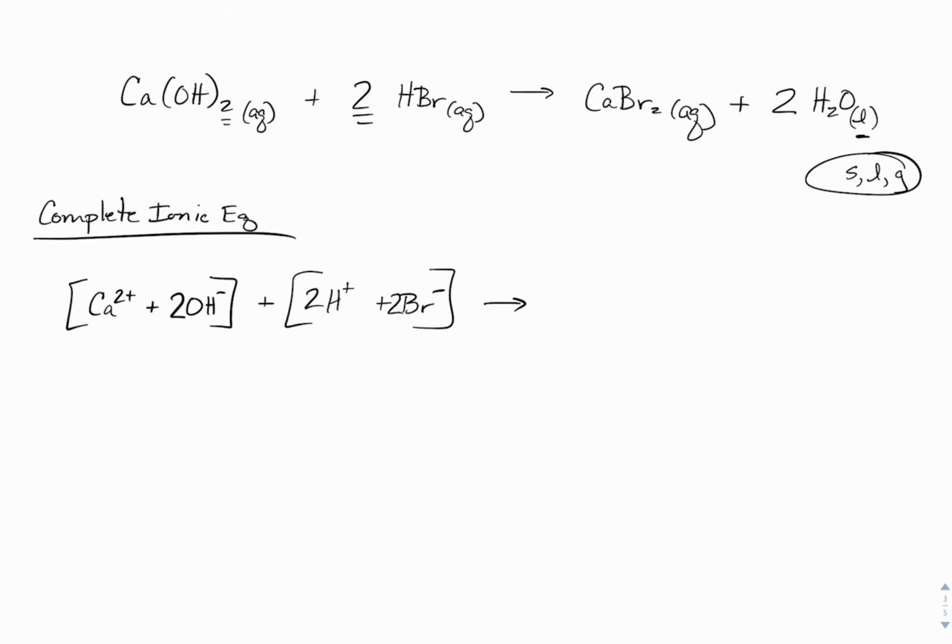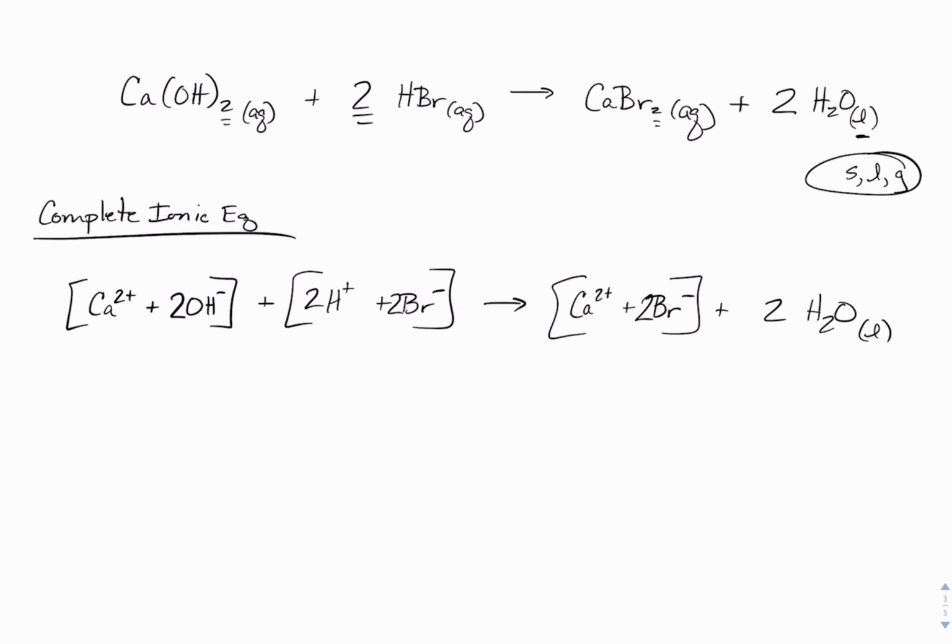In calcium bromide, we'll have a Ca2 plus and Br minus, and because of this 2 subscript, we'll say that there are 2 bromide ions, and we'll bracket, and we'll write our 2 H2Os still in molecular form because they're a liquid, not in an aqueous solution.